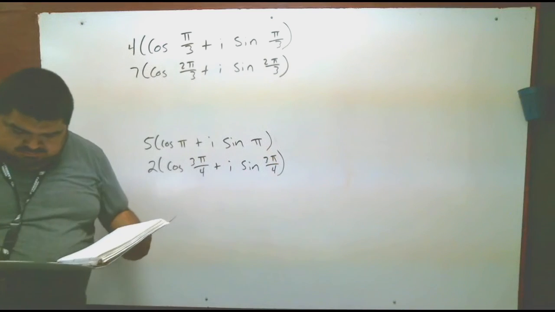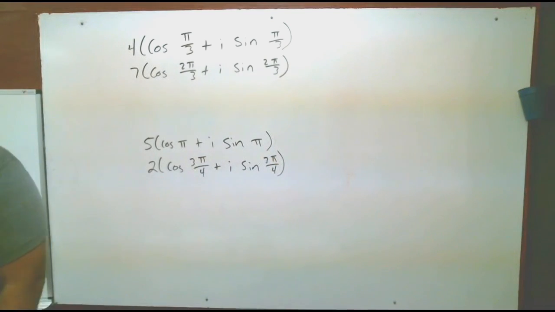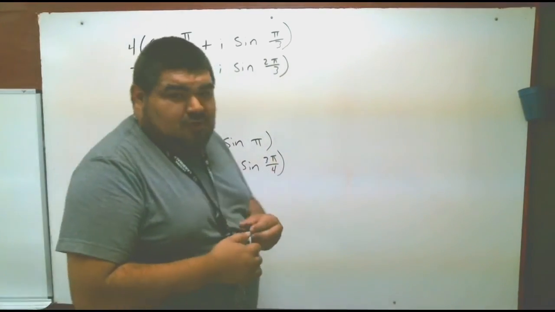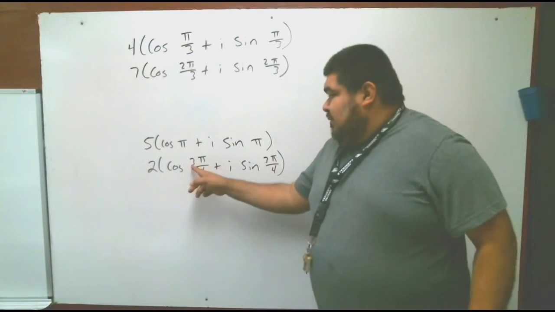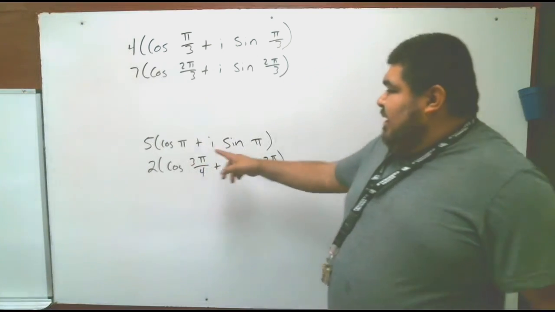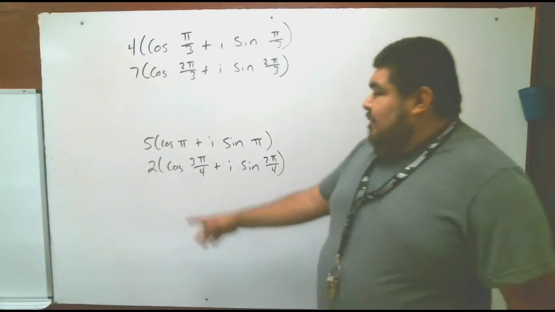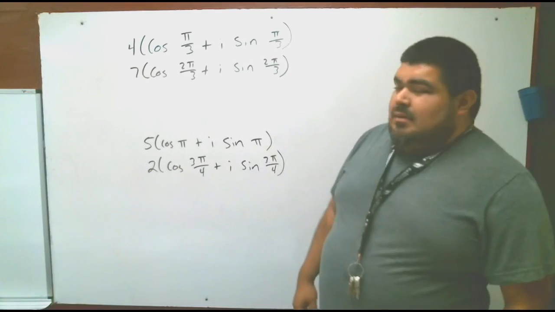Okay? Make sure you solve both of these problems. So we have 3 pi over 4 here, we have pi here, a 5 on the outside, a 2 on the bottom.